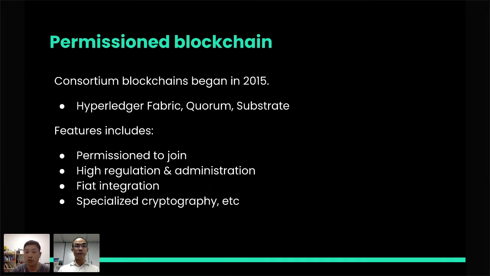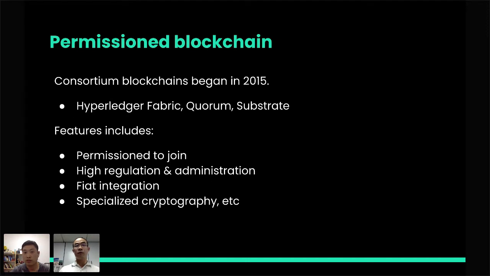Another one is Quorum. If I remember correctly, it's a fork of Ethereum 1, built by JP Morgan to add a lot of enterprise features. I think in 2019 Quorum was transferred or acquired by the Consensus Foundation.